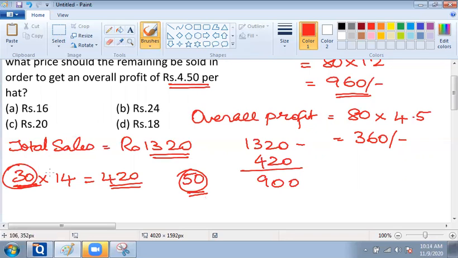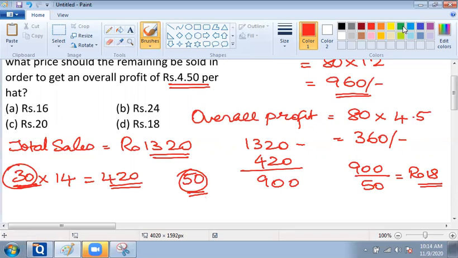The total sales associated with these remaining 50 hats is 900. So what is the selling price of one hat? That corresponds to 900 divided by 50, and that is equal to rupees 18 per hat.